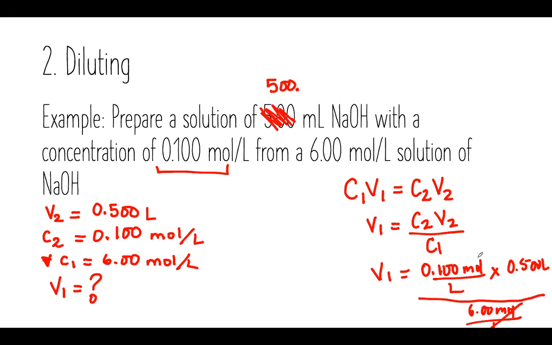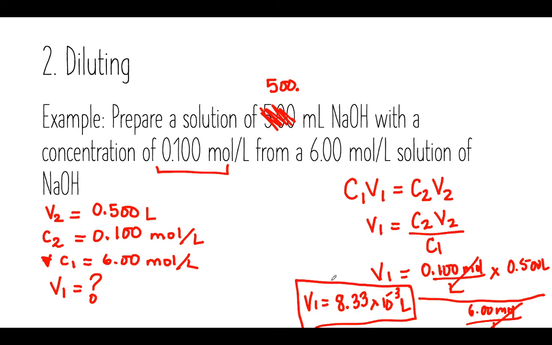And my moles per liter will cancel out, which leaves liters left over. So my V1 is going to be 8.33 times 10 to the power of negative 3 liters of that stock solution. So I need to grab this many liters of that stock solution in order to create this particular final solution.